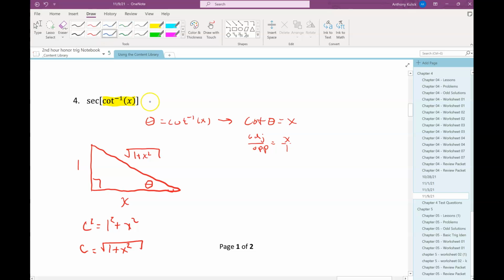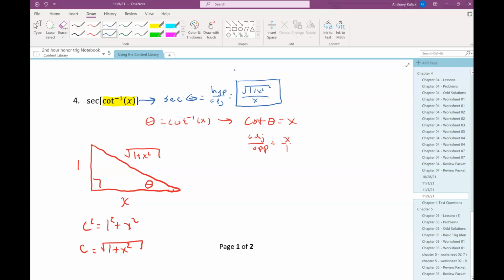Now we've essentially broken this down to just secant of theta. Using that right triangle, secant of theta is hypotenuse divided by adjacent. So we have the square root of 1 plus x squared, over x. And I'm done.